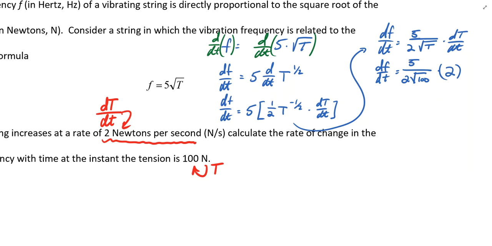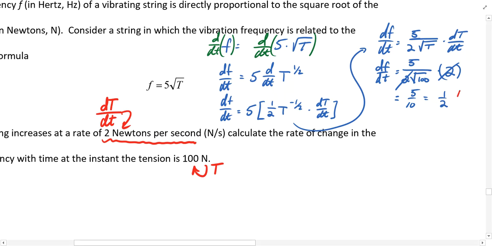We could use a calculator to simplify this if we needed to, or we might be able to get by without one here. These 2's will cancel. The square root of 100 is 10, so now we're dealing with 5 over 10, or in other words, 1/2. And our units here are fairly important.